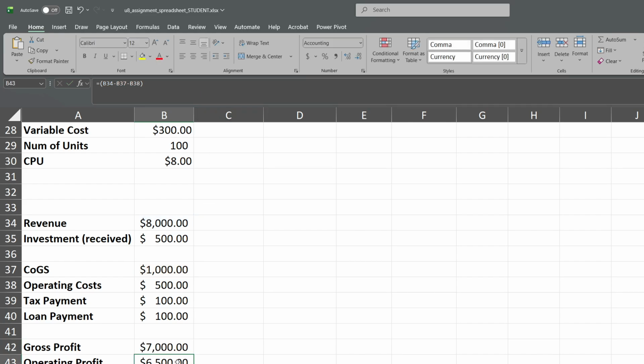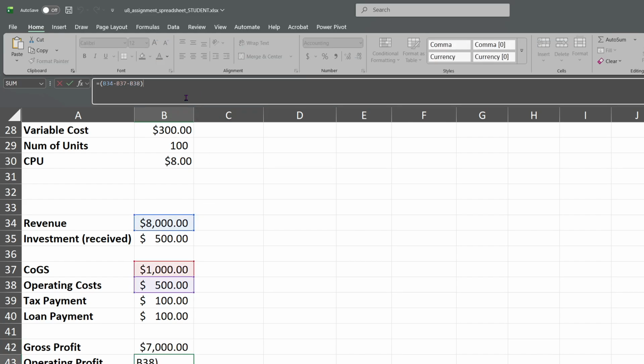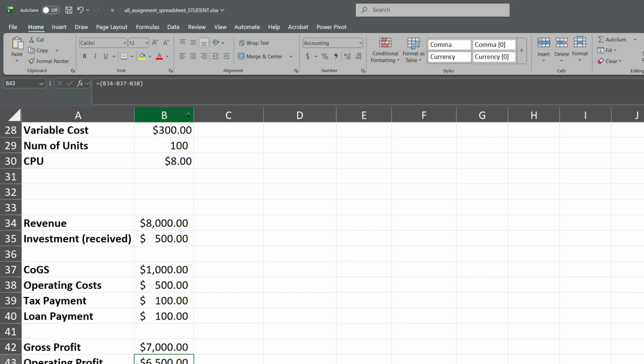If it is our operating profit, reading the document that we had, that's our revenue minus our cost of goods and services minus our operating costs. When we do that, we get our operating profit.